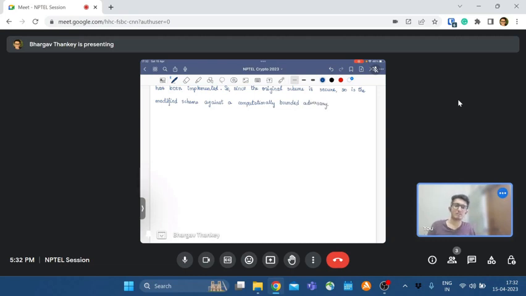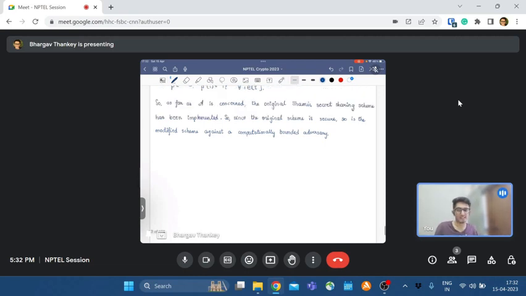Yeah, so even this scheme is secure against a computationally bounded adversary. Is this fine? So this proves that A is correct.